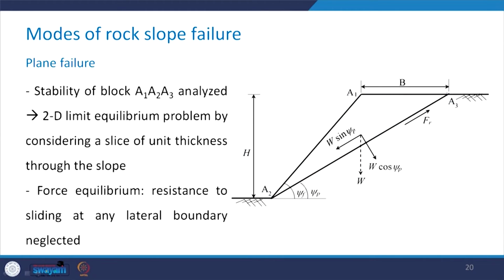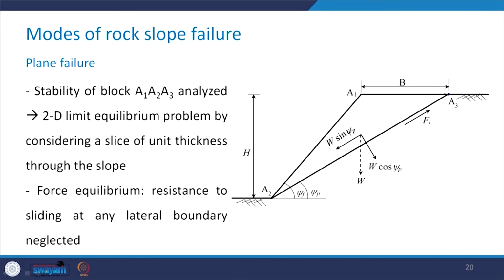So, the stability of the block A1, A2, A3 is analyzed using two-dimensional limit equilibrium problem by considering a slice of unit thickness through the slope. What does this mean is that we take the unit dimension in the plane perpendicular to the plane of this screen.